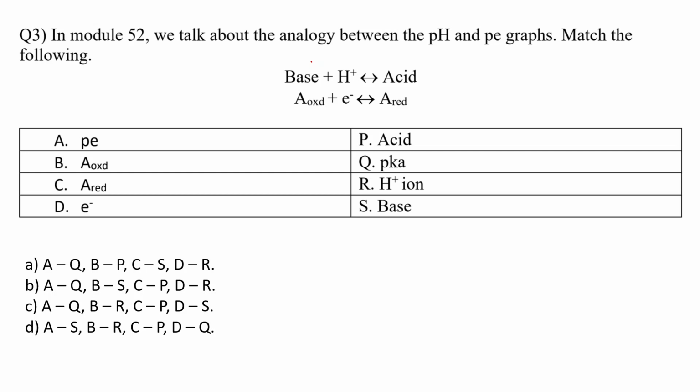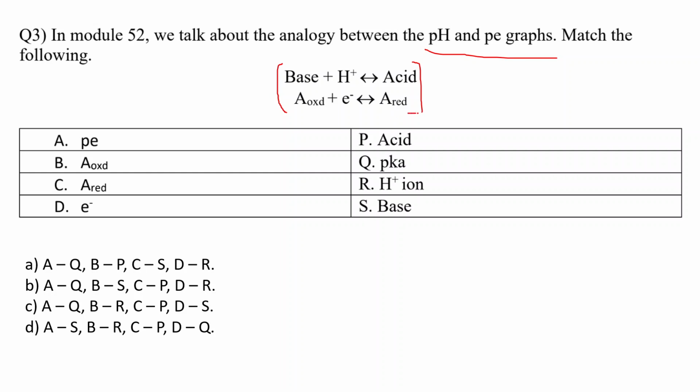Coming to the next question: in module 52, we talked about the analogy between pH and pE graphs. This was taught in lecture number 52. Match the following with that. We have to match the analogy: base plus H plus is equal to acid, and oxygen plus electron is equal to reduction.